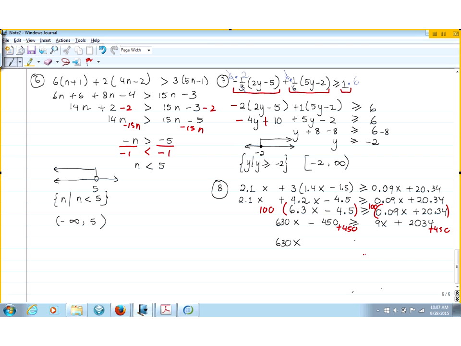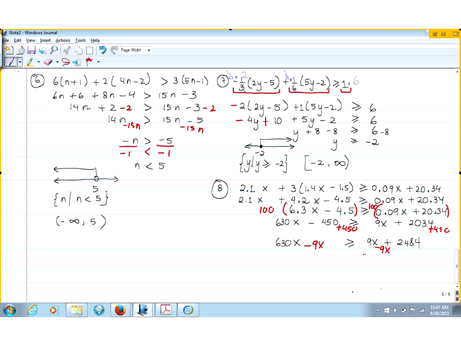So 630x is greater than or equal to 9x plus, what is this? 84? Yes. Good. Then subtract 9x from both sides.